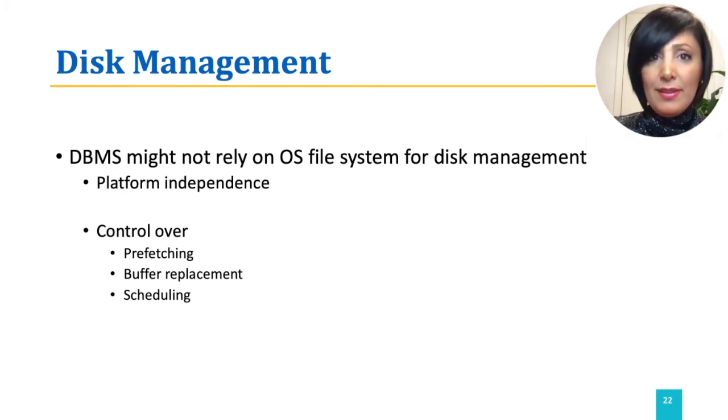For example, the virtual memory in the operating system has similarities to the database management system's buffer management. Both of them try to bring pages from disk to main memory when necessary and write them back to disk after. They both try to minimize the number of moves back and forth involved.